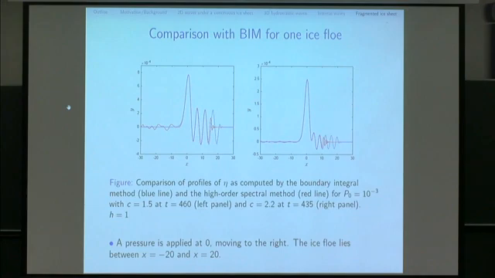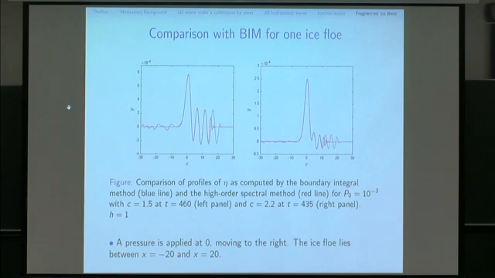So first, we try to compare the boundary integral method results with an unsteady one to see if you obtain the same thing. So first, we have only one ice floe. To create waves, we needed to put a pressure on this ice floe.